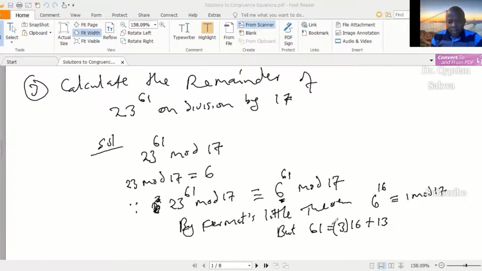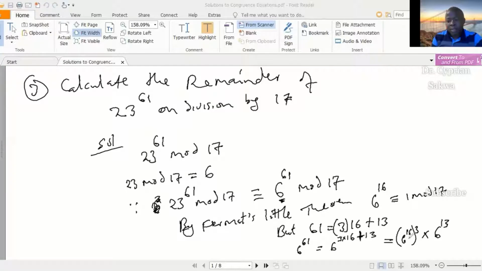So I can write 6 raised to 61 as 6 raised to 3 times 16 plus 13, which is the same as 6 raised to 16, then raised to 3, times 6 raised to 13.